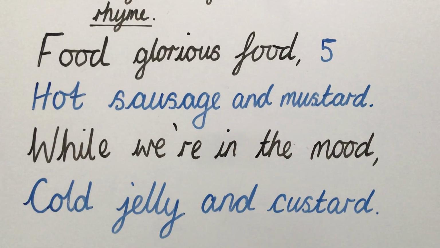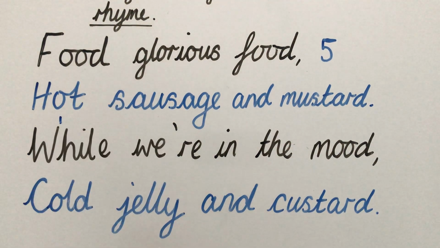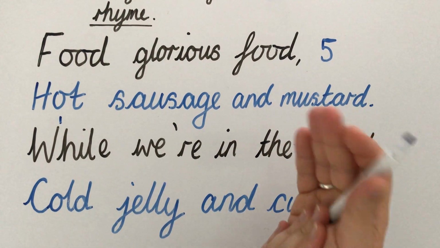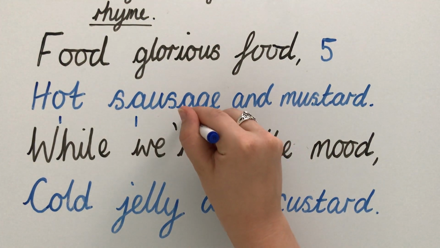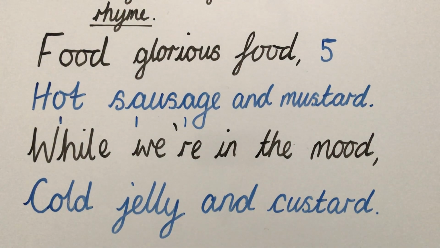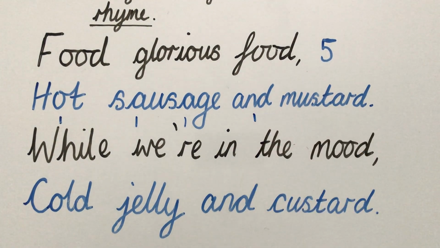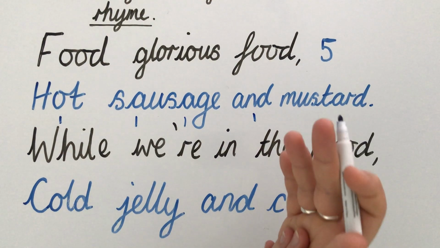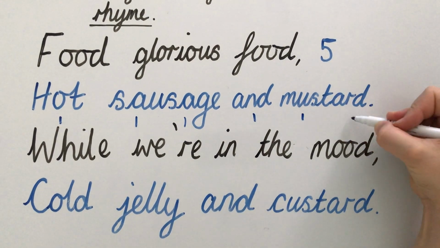The next line might have a different amount of syllables. So, hot, that's got 1 syllable. Sausage, that's got 2. And, that's just got the 1. Mustard, that one also has 2.